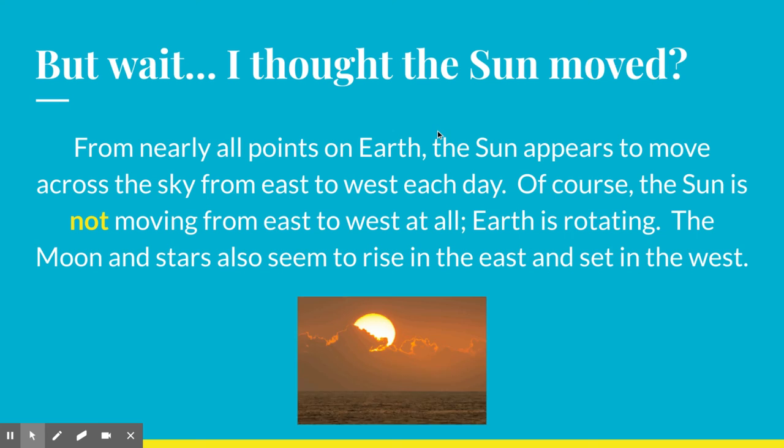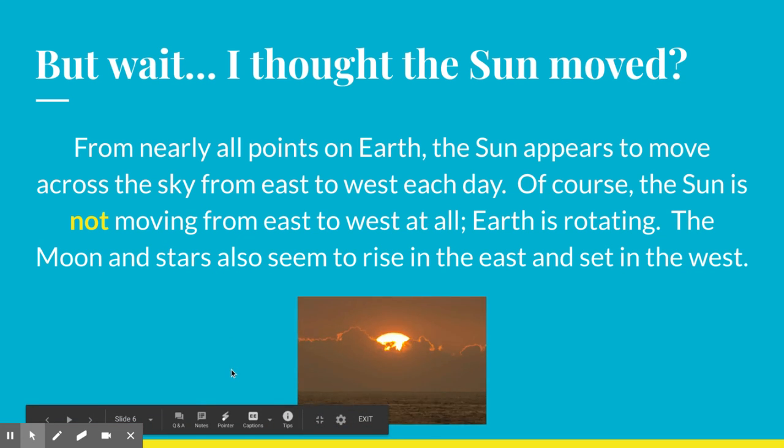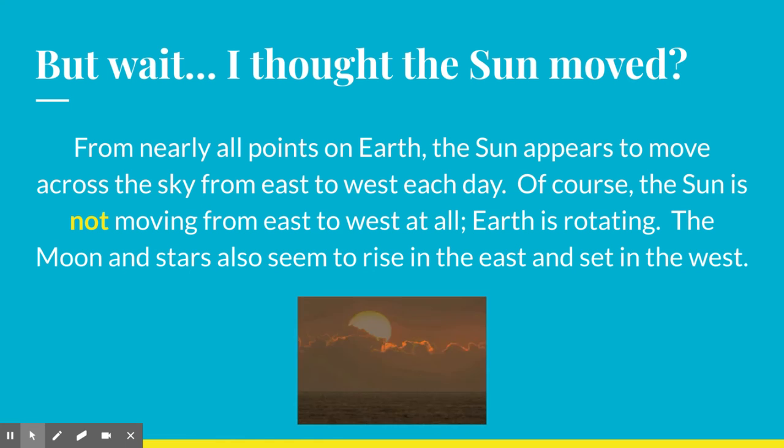So from nearly all points on Earth, the sun appears to move across the sky from east to west each day. Of course, the sun is not moving from the east to west at all. It's just Earth rotating. The moon and stars also seem to rise in the east and set in the west as well, and that's just because of Earth's rotation. So anything that we see in the sky that appears to be moving, obviously a plane is actually moving.